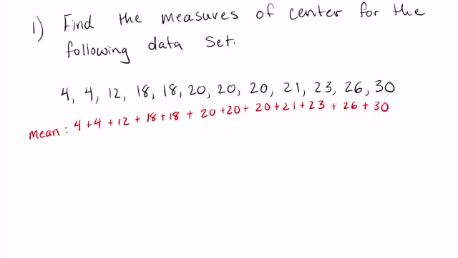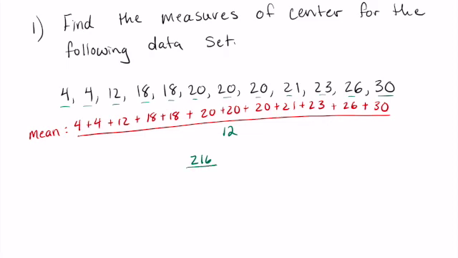And then once I get to this point, I'm going to divide by however many numbers we have. As I count them, we have 1, 2, 3, 4, 5, 6, 7, 8, 9, 10, 11, 12. And I'm going to divide that sum by 12. Whenever we add all of those numbers up, I'm going to get 216, and then we're going to divide that by 12.